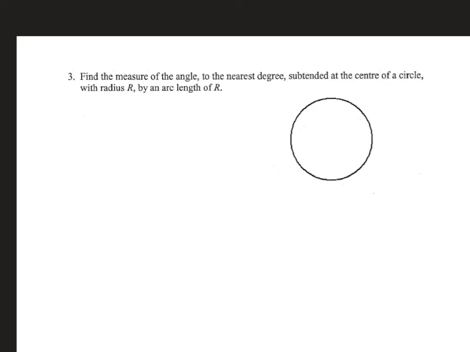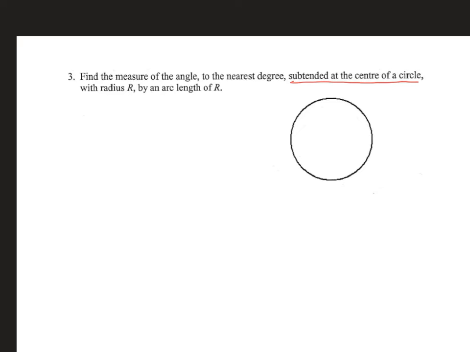Second part, when you see this language that says subtended at the center of a circle, all that means is created at the center of a circle. So everything we've done so far by putting those angles in place has been subtended at the center of a circle. So what is this problem asking us on our diagram?